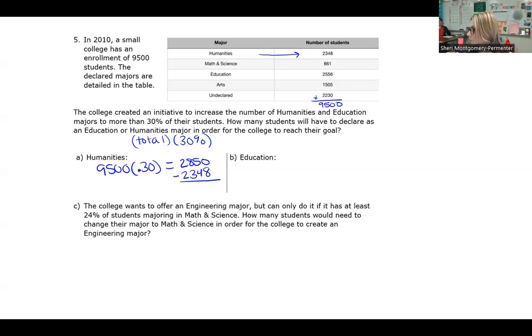Logan got 502. What about the rest of y'all? Okay, so if they want more than 30%, then there would have to be more than, how much did you say? 502? More than 502. And they will reach their goal.